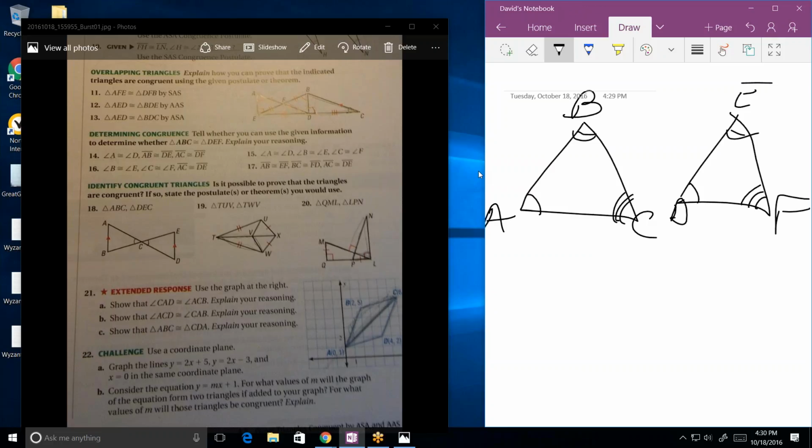Actually, you don't need to write that out, because all you need to do is look at the fact they're giving you three equal angles. Can that possibly prove congruence? No. Right. In other words, you notice that there's no sides in there. That's all angles. So they're just telling you that every angle of one triangle is the same measurement as every angle of another triangle. But that does not prove congruence. Could be congruent, but doesn't have to be.